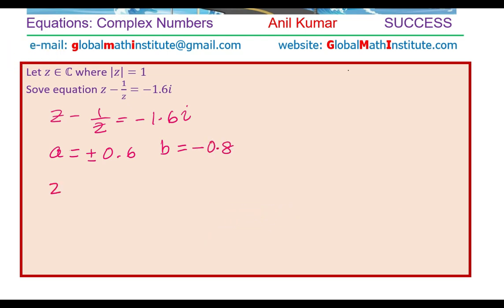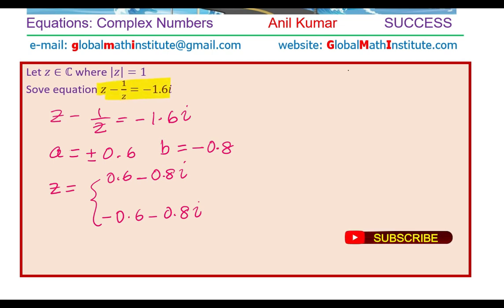So the z value is basically equal to either 0.6 minus 0.8i or minus 0.6 minus 0.8i. You get the idea. So these are the two different solutions for the given equation, z minus 1 over z equals minus 1.6i. I hope the concept is absolutely clear.